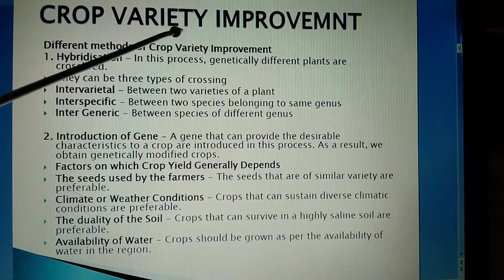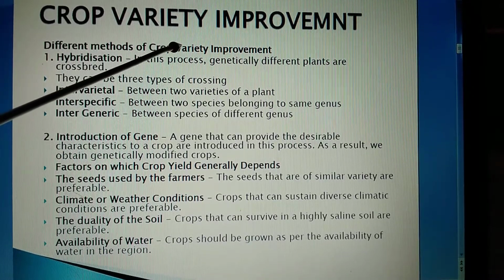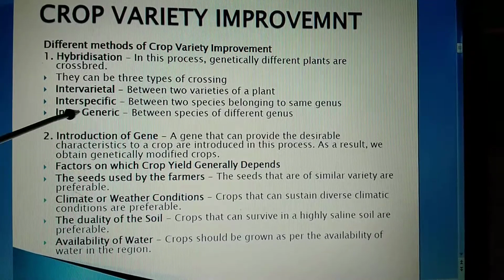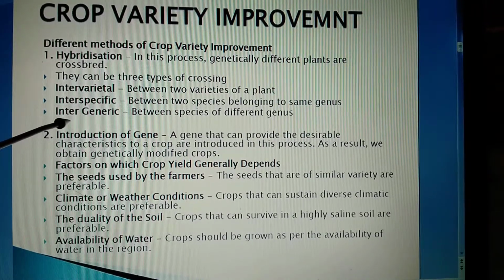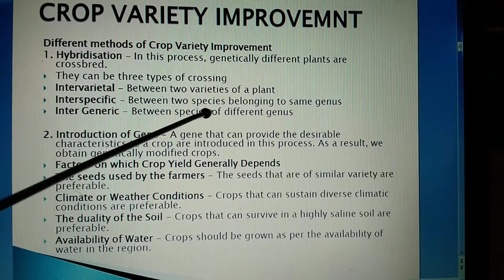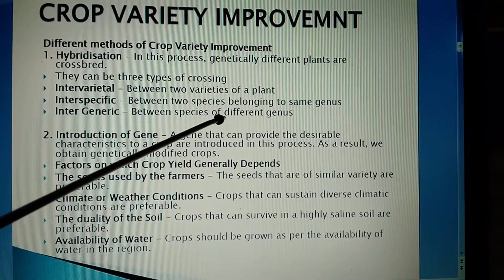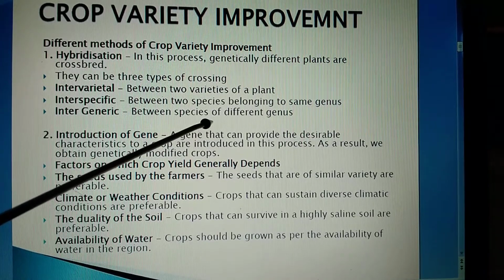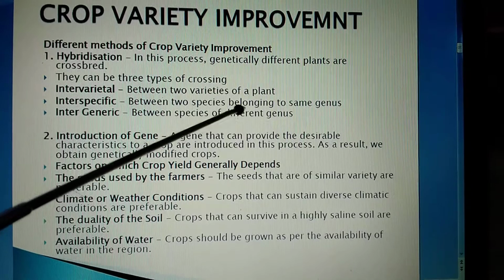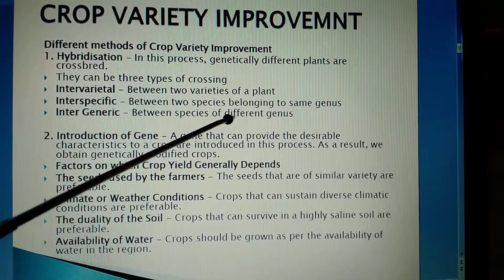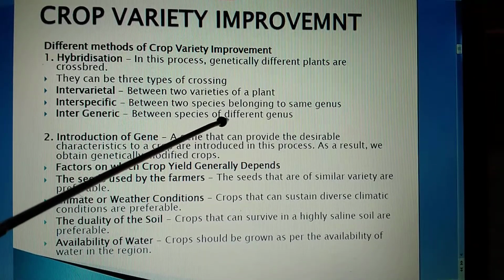Next is intergeneric. Generic means genus and inter means different. When there is crossbreeding between two different species of two different genera, that type of plant results in the improvement of the crop.